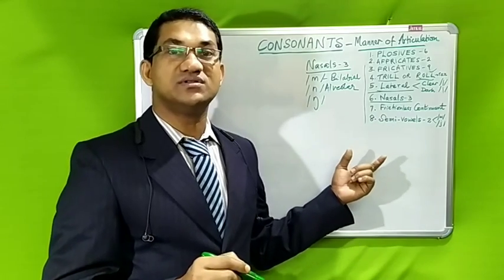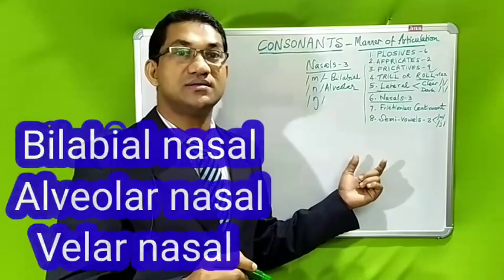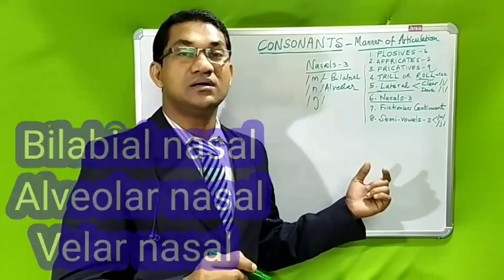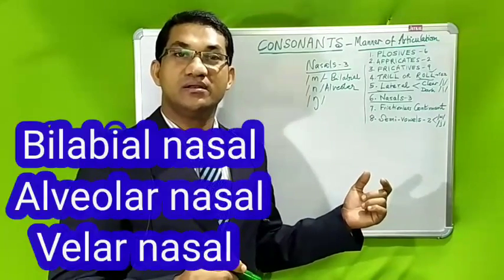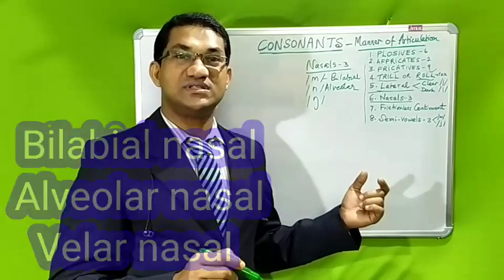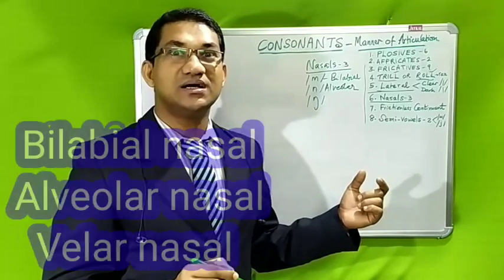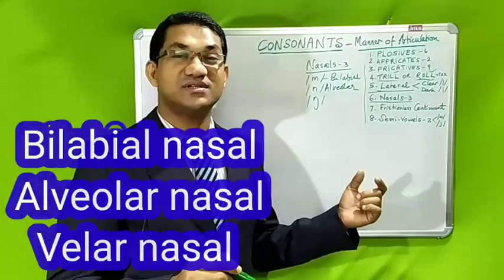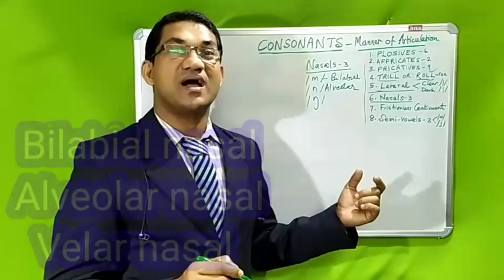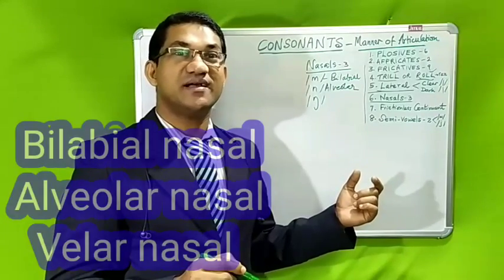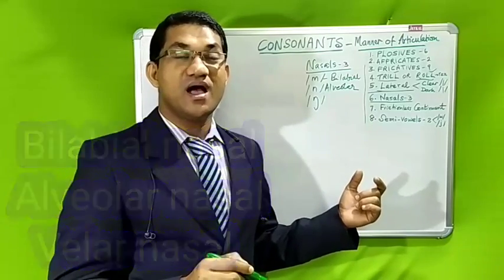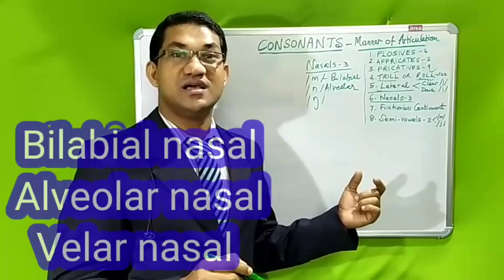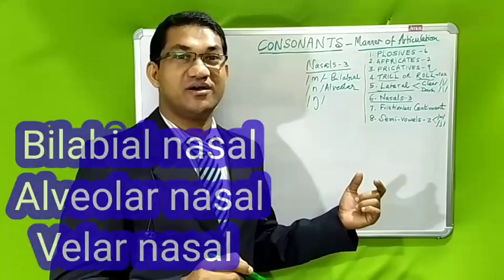Alright, in case of the third and the last nasal consonant, the closure is between the back of the tongue. Entire back of the tongue is lifted up, and the back of the tongue is against the soft palate or the velum.